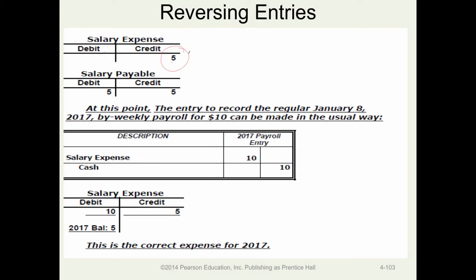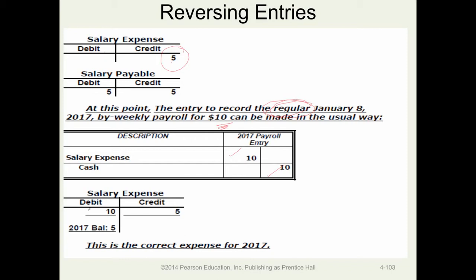That's not its normal balance, but it's there for a reason. And the salary payable account has now been brought to 0 because of the reversal. So that when you make your regular journal entry here, this is your normal payroll, the regular payroll entry, debit salary expense, credit cash for 10.